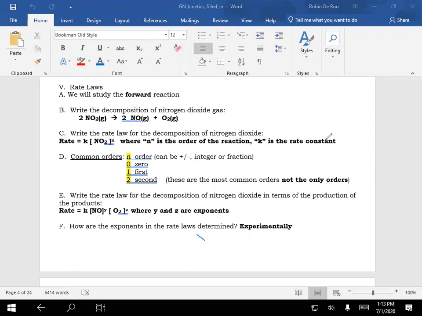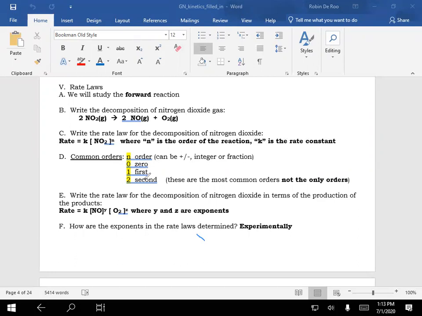So most commonly, you're going to see the n is 0 or 1, which is called first order, or 2, which is called second order. Now, these are the most common. They're not the only ones. There are other orders, but these are the ones you're going to see the most often.